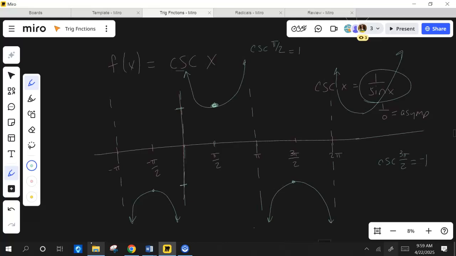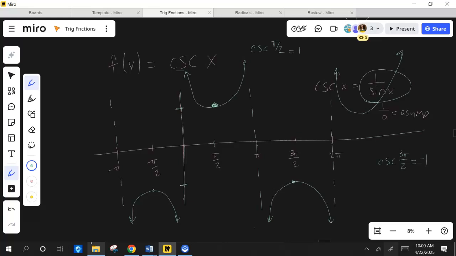Everybody okay? What's the period of this graph? And what does period mean? A full cycle. So what is the period here? How long does it take to make a complete cycle?